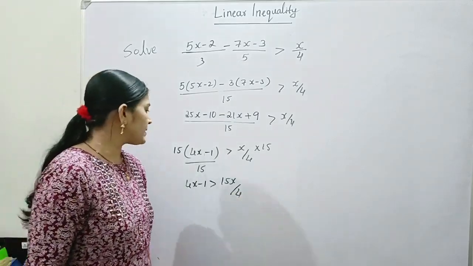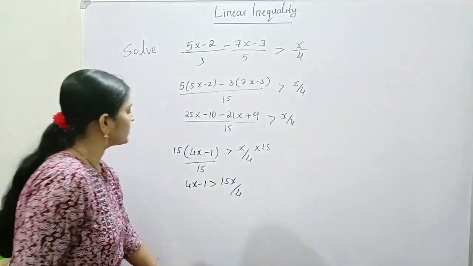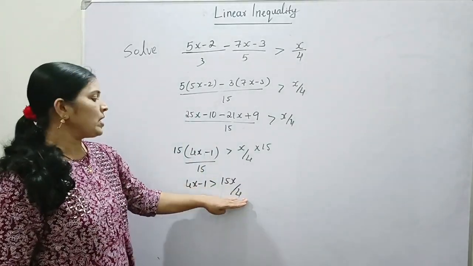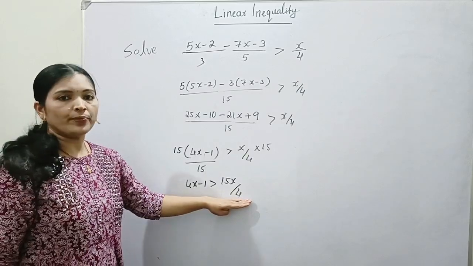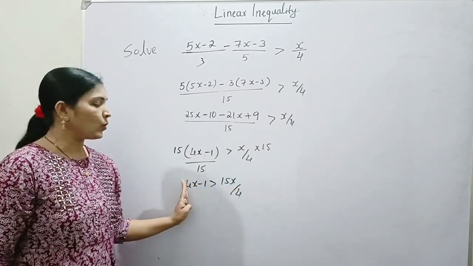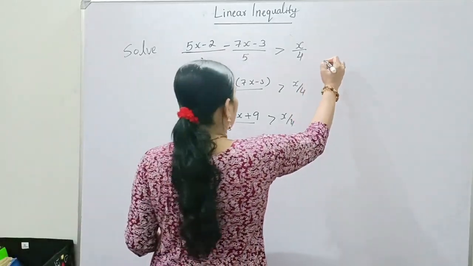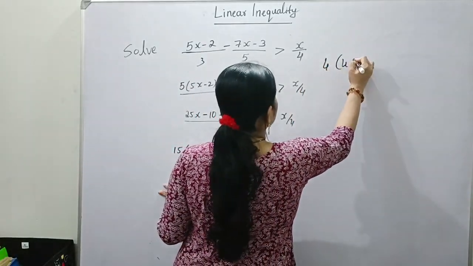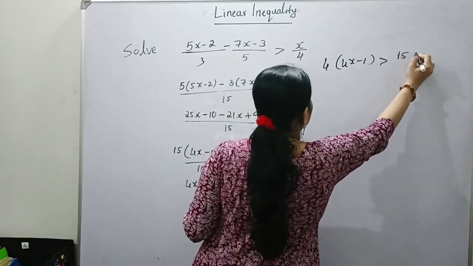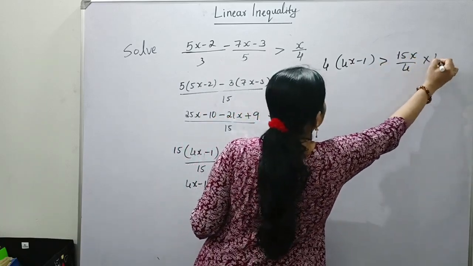To cancel this denominator 4, multiply by 4 on both sides. So 4 into (4x minus 1) greater than 15x divided by 4 into 4.